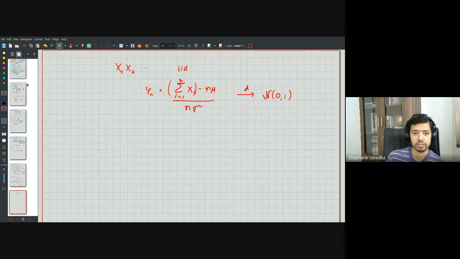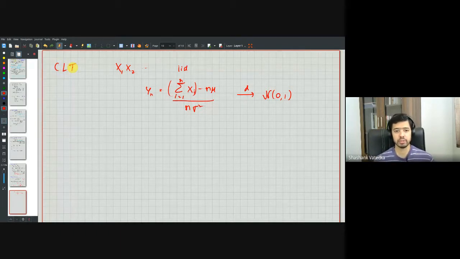All right, and this is just the central limit theorem. So you may have seen this in a probability course, and this is really the formal statement of the central limit theorem.